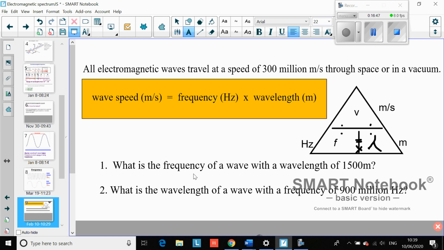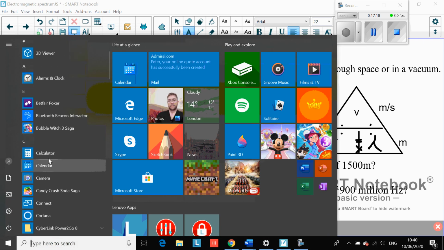Okay, so what is the frequency of a wave with a wavelength of 1,500 meters? Now we can work this out quite easily. There's an assumption: the wave speed you are expected to know. It's one of those bits of knowledge. Remember, we said it was 300 million meters per second. We can just put this straight into a calculator.